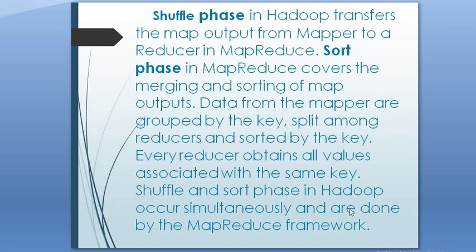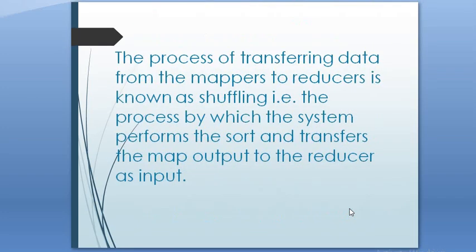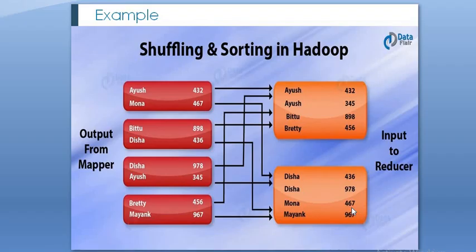Shuffle and sort phase in Hadoop occur simultaneously and are done by the MapReduce framework. The process of transferring the data from the mappers to the reducer is known as shuffling. That is the process by which the system performs the sort and transfers the map output to the reducer as input. See, this is in this diagram.